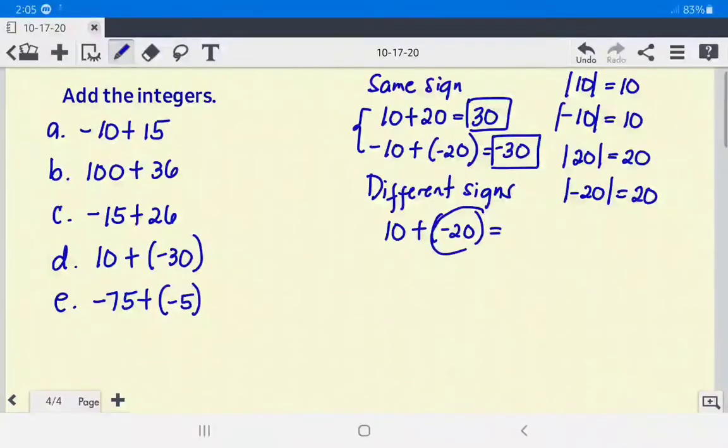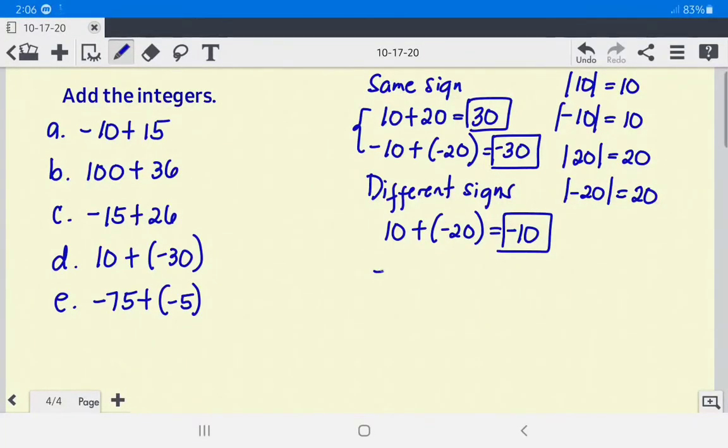So, since the absolute value of negative 20 is 20, you will just get 20, then subtract, we have 20 minus 10, we have 10. Then look at the sign of the bigger number. So we have negative, right? So you have your negative 10.